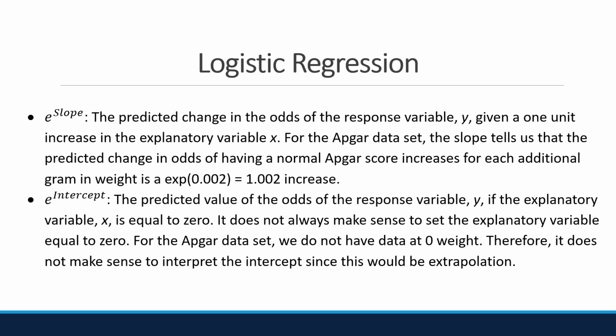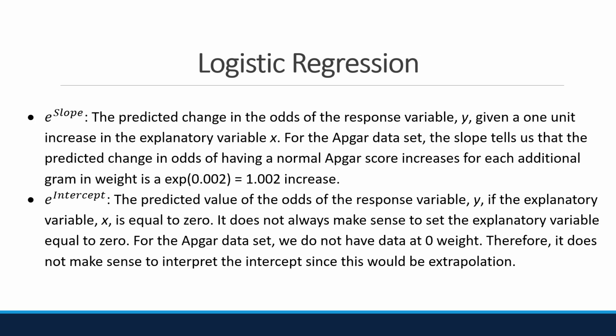Instead of log odds, we are usually interested in the odds. We could also have the following interpretations. E to the slope: the predicted change in the odds of the response variable y given a 1 unit increase in the explanatory variable x.